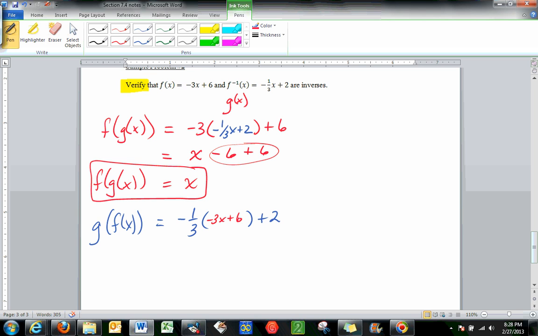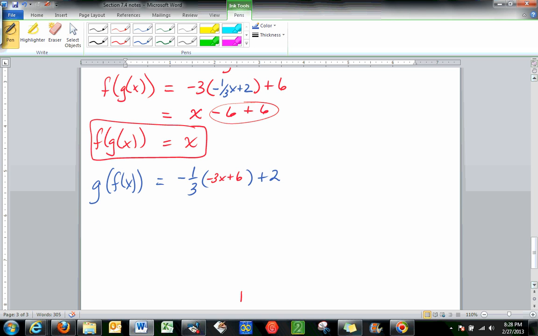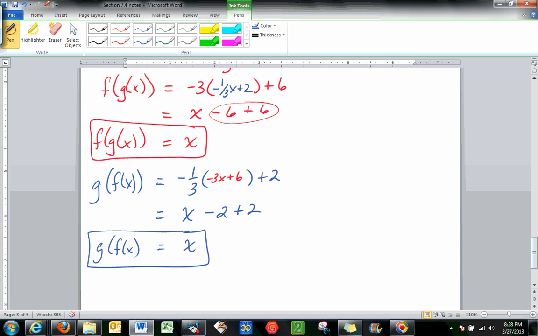It's very important that you understand composite functions from the previous lesson to be able to work these types of problems. So as we do this, again we distribute. -1/3 times -3 gives us +1x. -1/3 times 6 gives us -2, and then of course we bring down the +2, and we're simply left with x. And so our second composite function also equals x.